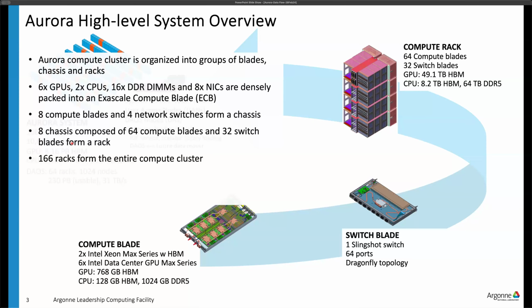In that, we have several chassis, 8 of them per rack. And then within that, we have the different compute blades and the switches. So this is typical to any other HPE Cray EX platform type cluster right now. It's a very dense form. The square footprint to the compute power is quite massive and quite intricate by design.